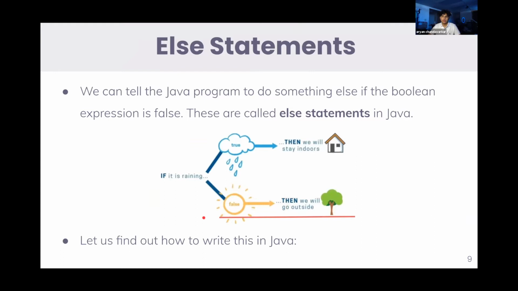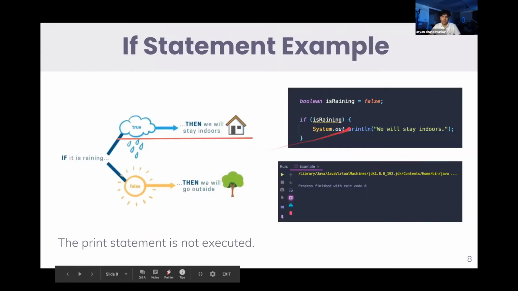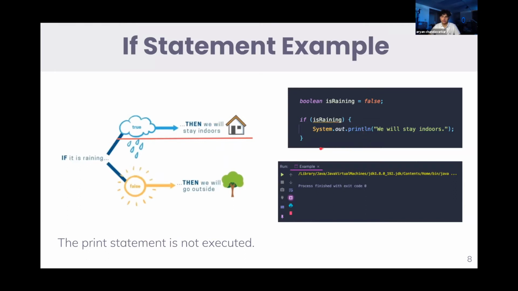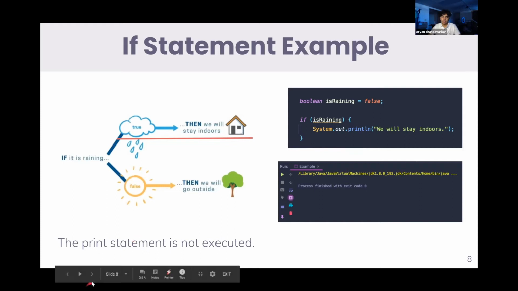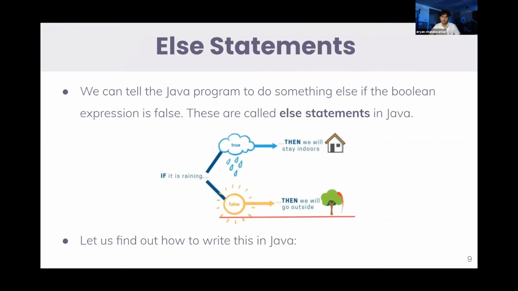Now, why would we use an else statement? It's because we don't want to use multiple if statements. So in the last example, I had an if statement if it was raining. I could create another if statement if it was not raining, or I could be a little bit more efficient and just say else. In all other circumstances, we go outside.